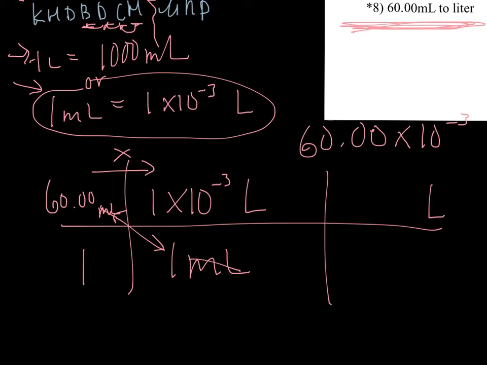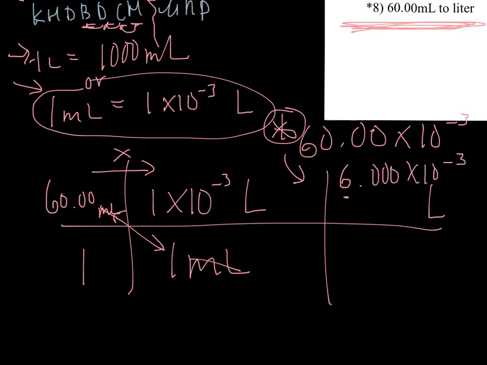But you got to make sure that you put this in the right scientific notation, right? Because at this point, 60 times 10 to the negative third is not a right scientific notation. So I am going to revise this and say it's 6, so just one whole number in the ones place, 0.000 times 10 to the negative third.